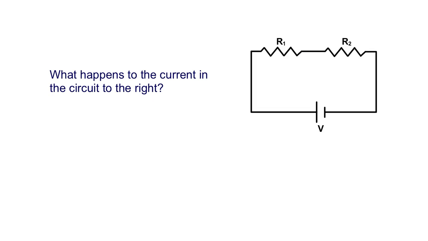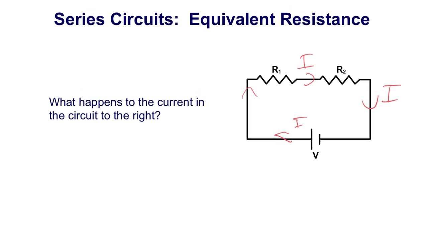Now, when the resistors are in series, there's only one path for the current to go through. And we can say that I don't care what the resistors are, one bigger than the other, it doesn't matter. The current will be the same through each resistor if they're in series, okay?